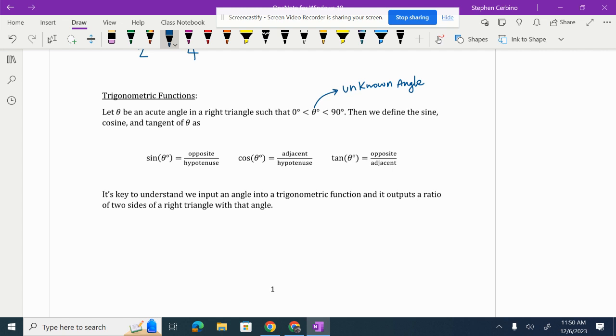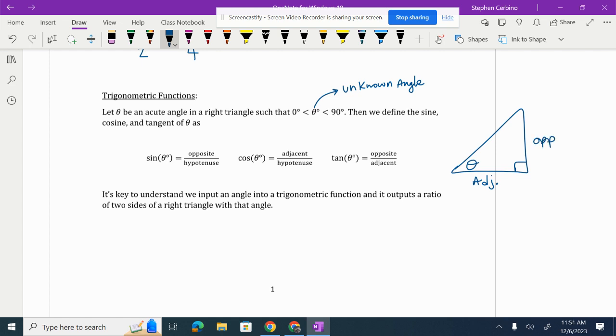So for example, if I have this triangle, and I put theta here, and this is my right angle, since theta is touching this bottom leg, this is what we call the adjacent side. Since theta is looking at this opposite side, we call this opposite.